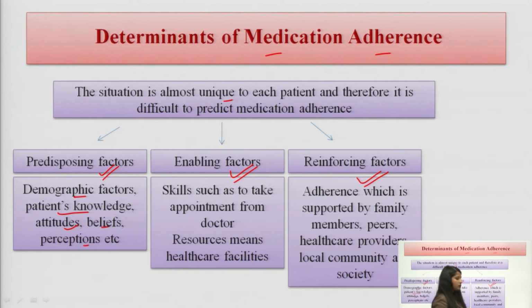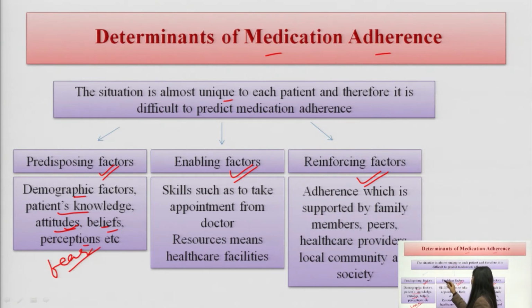When the symptoms improve after 2-3 days, the patient skipped that treatment. So, this is called a belief, this is called an attitude, and perception also. Sometimes a patient has a fear about side effects, about adverse effects.